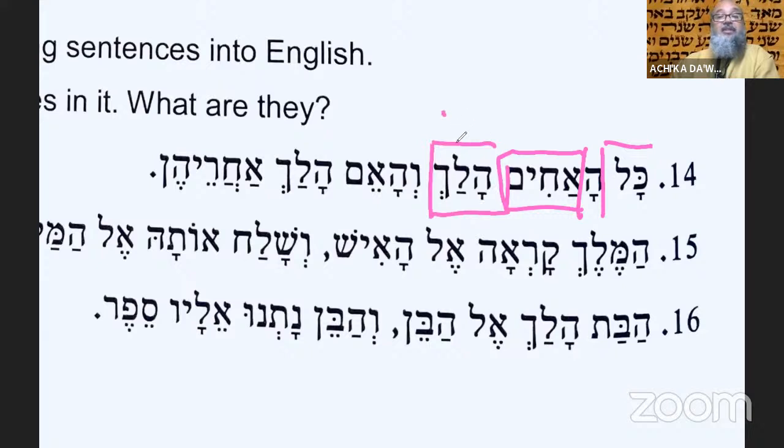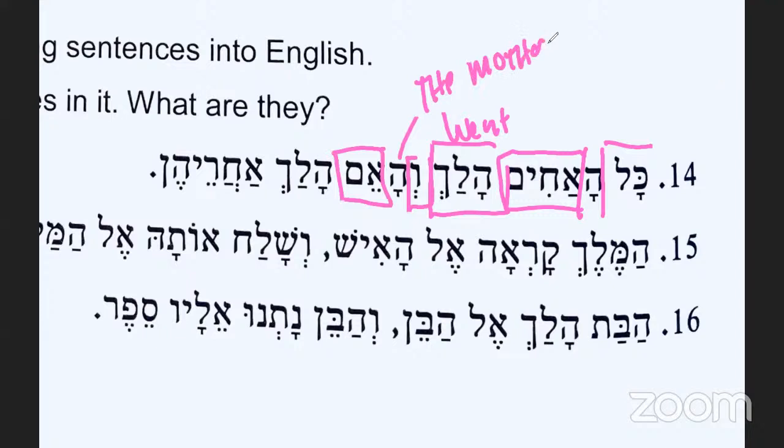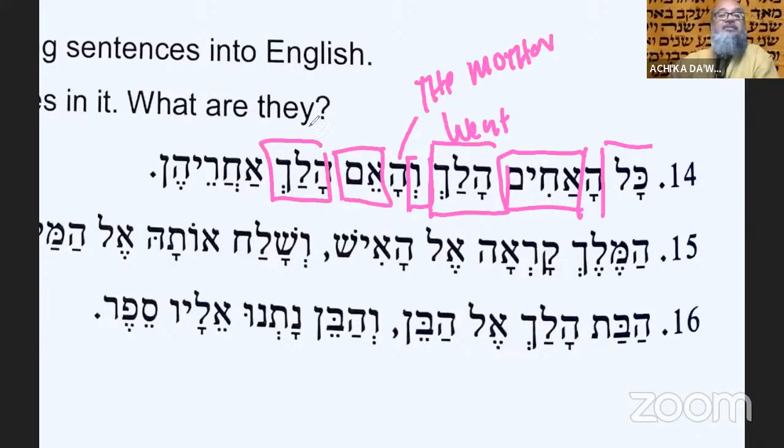And the aim? Mother. All the mother. Halak, went. Akadrehen, akar again means after. And hain means them, plural, feminine. So where are the mistakes?